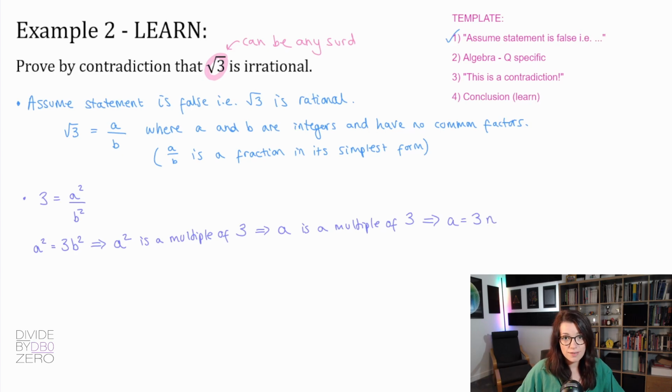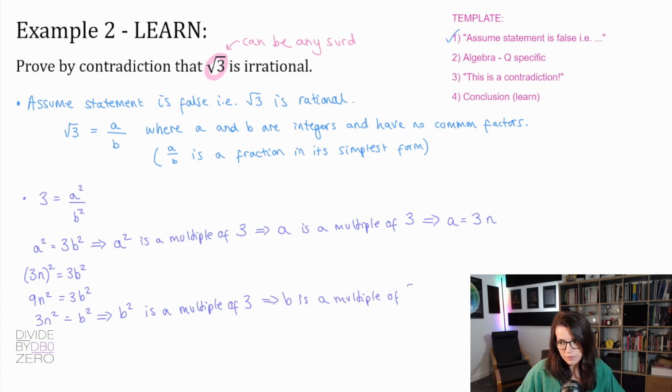We can now take the fact that a is equal to 3n and sub it in here, so we can say 3n squared equals 3b squared. If we expand this out, we get this, and if we divide by 3, we get this. This implies that b squared is also a multiple of 3, which in turn implies that b is also a multiple of 3. Step 2 complete because now we can say this is a contradiction.